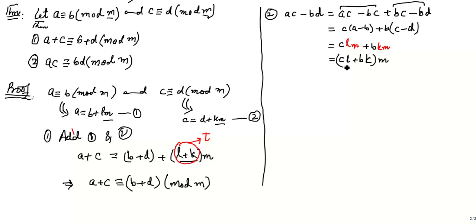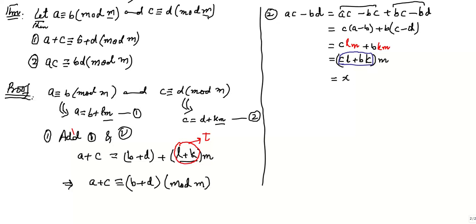We know that this cl plus bk is an integer, because b, c, l, k, all of them are integers. So, the sum of the product of integers is always an integer. So, you can replace this by another integer, for example x, where x is an integer.